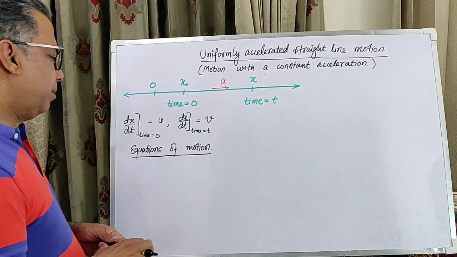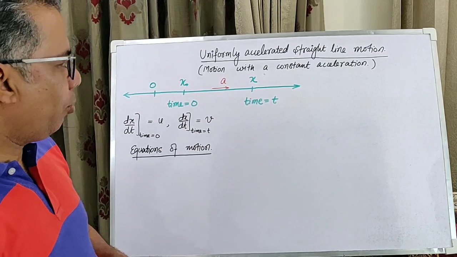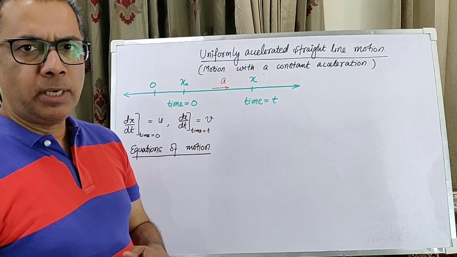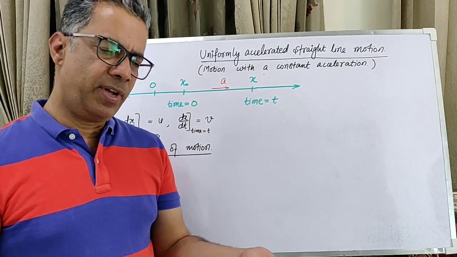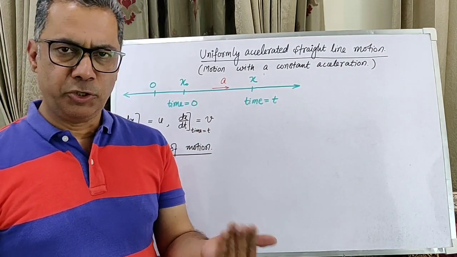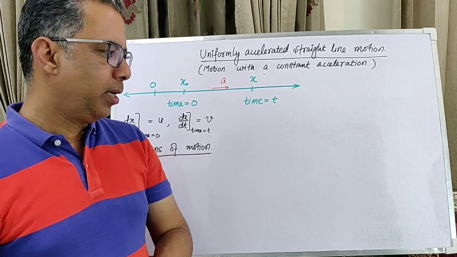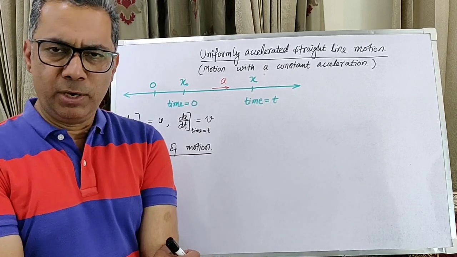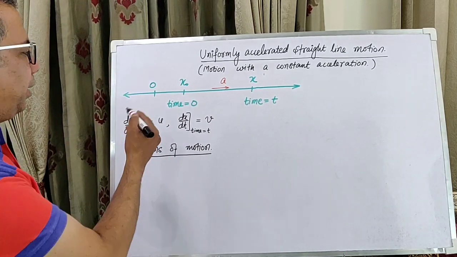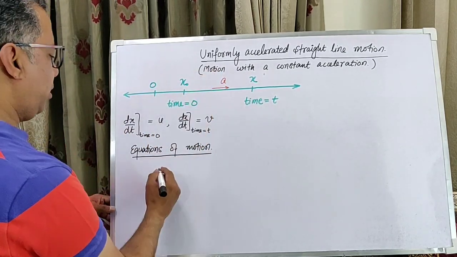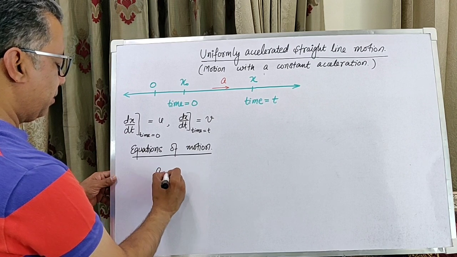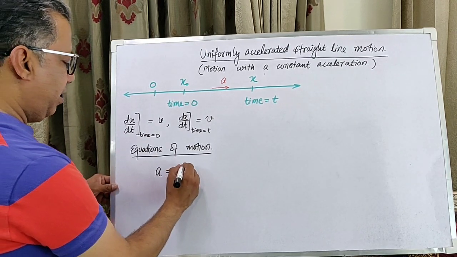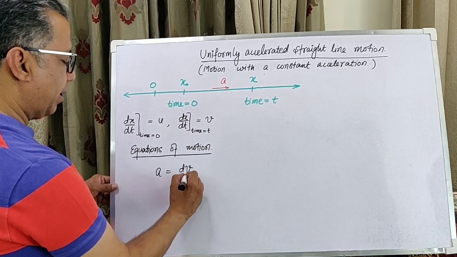Now we'll be deducing the equations of uniformly accelerated straight line motion the way we deduced the general equations for straight line motion in the previous couple of videos. So let's start with a being a constant. Now a is a constant and it equals dv by dt.